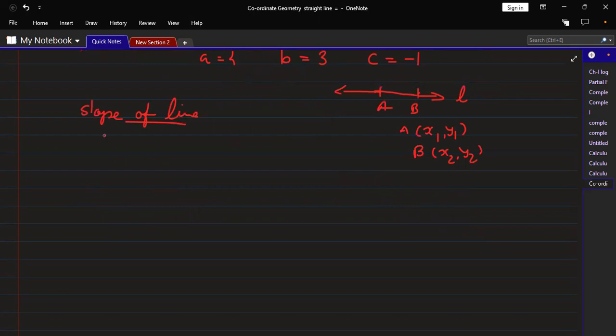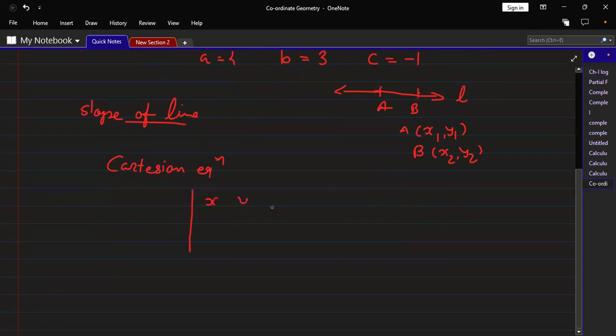So slope के पहले एक main equation है which is called Cartesian equation. इस कार्टेशियन इक्वेशन का फॉर्मूला है determinant x y 1, x1 y1 1, x2 y2 1 which is equals to 0.